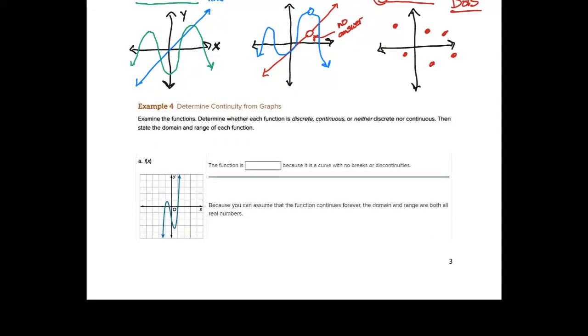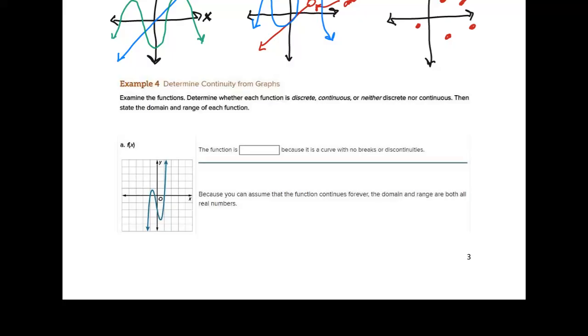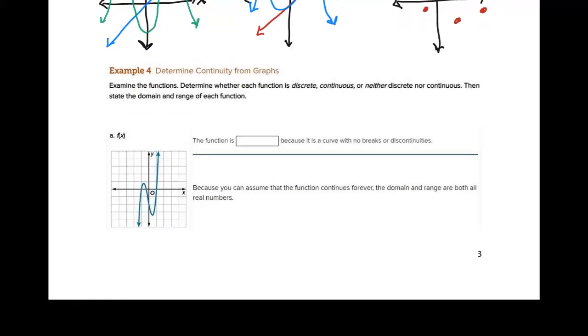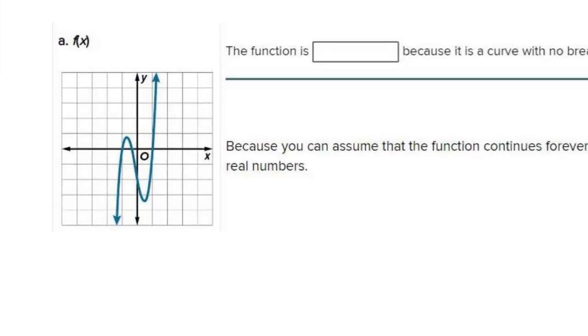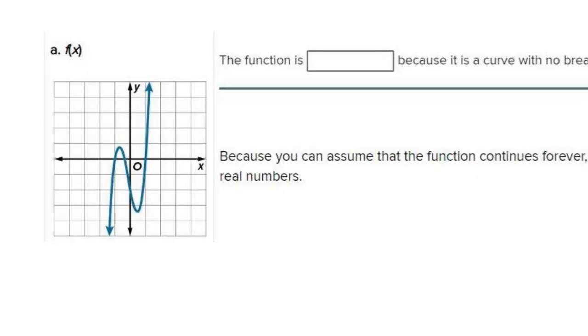So let's look at example 4. Look at the functions, determine whether they are discrete, continuous, or neither. That first one, take a look at this graph. Is that continuous, discontinuous, or discrete? Continuous, yeah, it goes on forever.